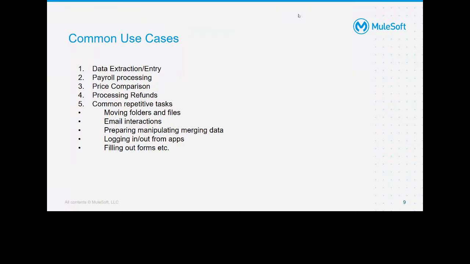The back office processes are many times very manual and very repetitive. In those kinds of business use cases, we see a requirement where we can automate and bring in more efficiency, accuracy, and a better customer and employee satisfaction rate.